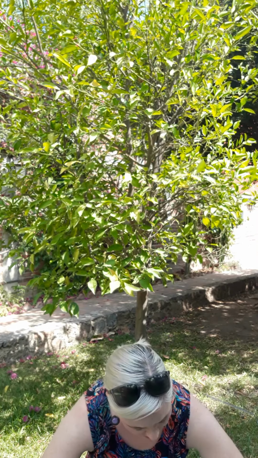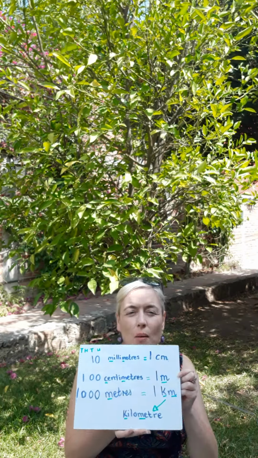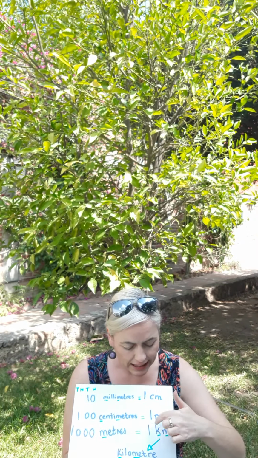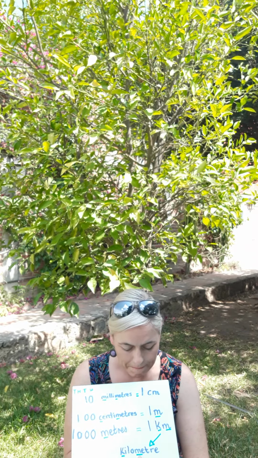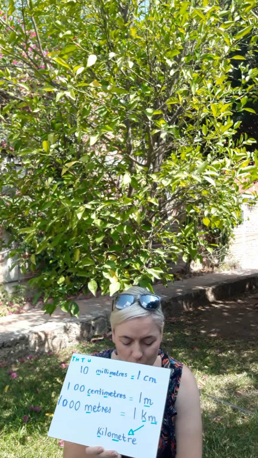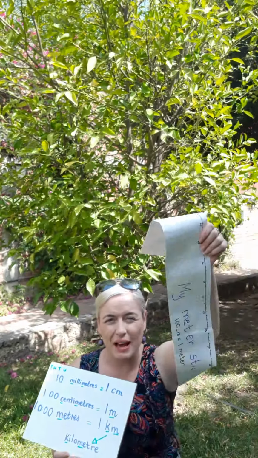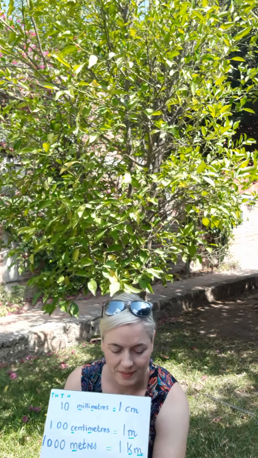Very good. And then, today what we're going to be looking at is kilometers. It's called km, and kilometers because it has a kilo meter, km. And we know that 1,000 meters, 1,000 of these, equals 1 kilometer.